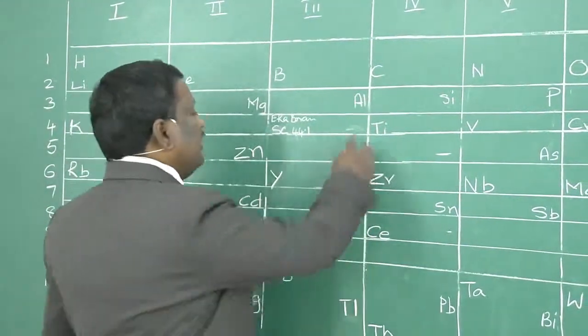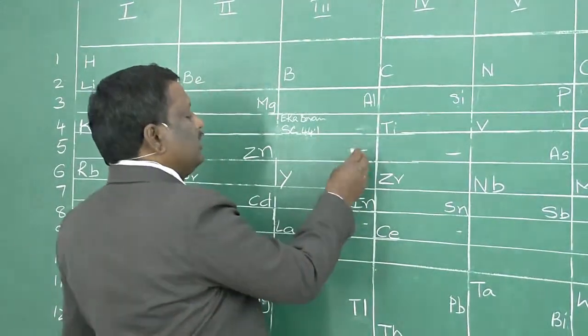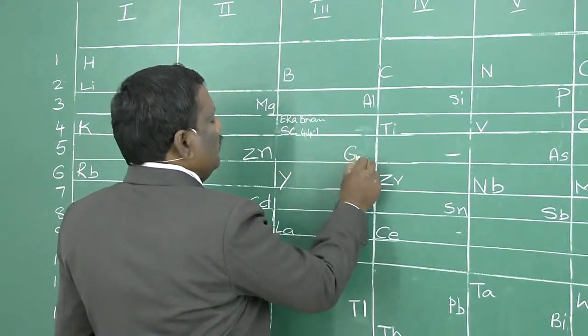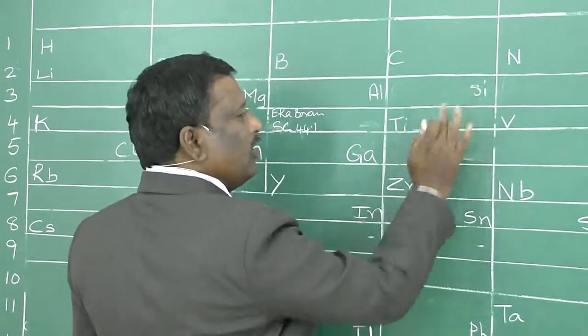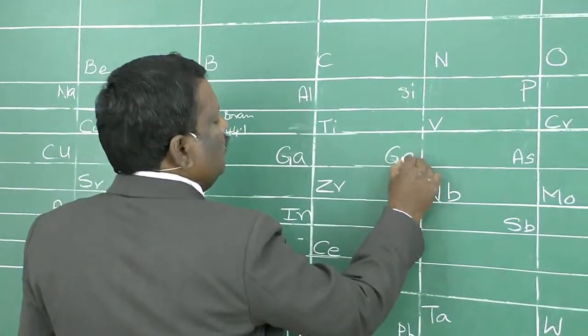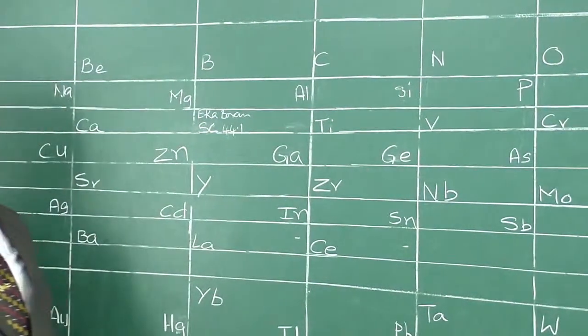So he named this element eka-aluminium, later it was found as gallium. And he named this element eka-silicon, later it was found as germanium.